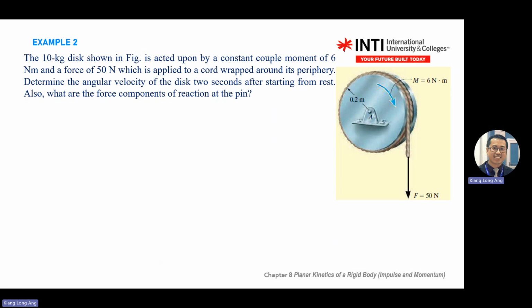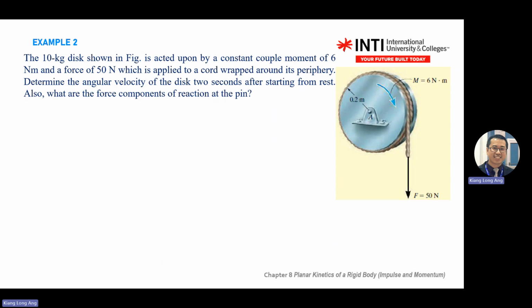Starting from rest, you have a starting velocity of 0. Also, what is the force component of the reaction at the pin? You need to find the force at the pin here. What you learned in statics, again: you are converting a connection or connector.